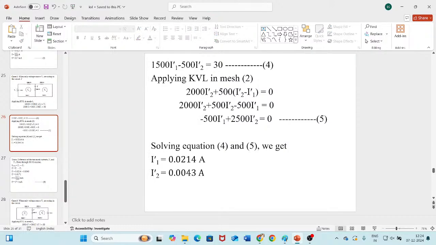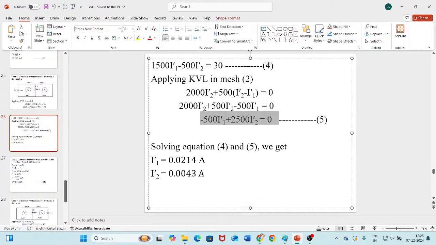So here you can rewrite this equation. Remove this minus, you can take minus common. If you take minus common, you can send it to the other side, isn't it? So if you send it to the other side, this is what happens.